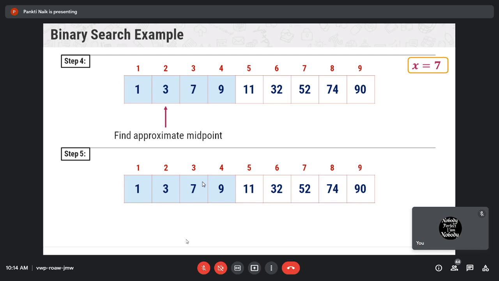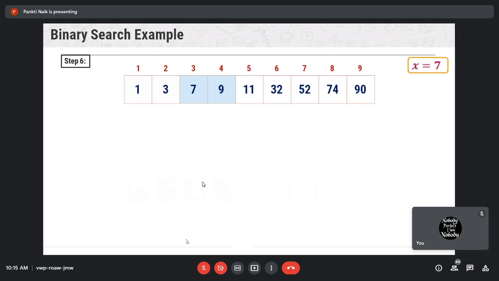If it is not, then it is greater or less than. Depending on that, you have to search in either the left subtree or the right subtree. If the key is less than the midpoint value, search in the left subtree. If the key is greater than the midpoint value, search in the right subtree, like this.